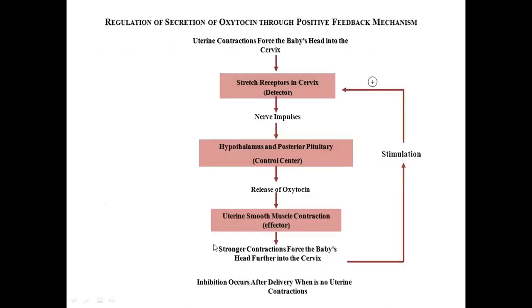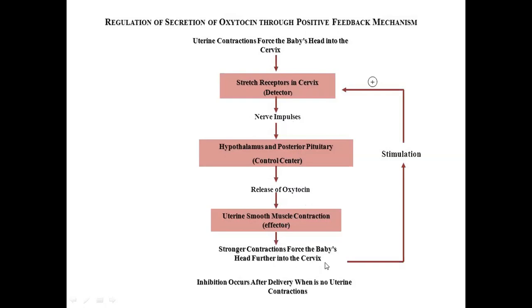In this flowchart you can see that as the uterine contraction starts when the baby's head presses into the cervix, there are stretch receptors present in the cervix which pass the neuronal impulse to the hypothalamus and the posterior pituitary. The posterior pituitary releases oxytocin, and oxytocin acts on the uterine muscles, bringing about further and further contractions.